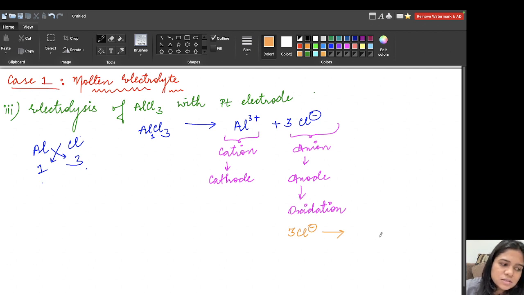Instead of Cl minus, we'll be writing Cl2 plus 3 electrons, okay? And in cathode, how will you write? Al3 plus will accept 3 electrons to give you Al. Right?